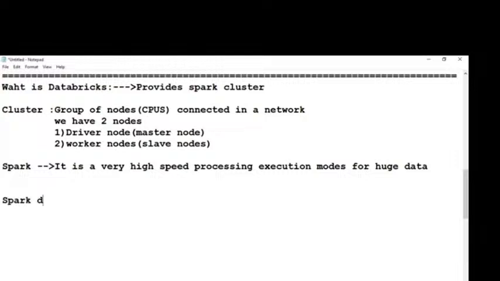Mainly if you see the Spark features, the first thing is in-memory computation.